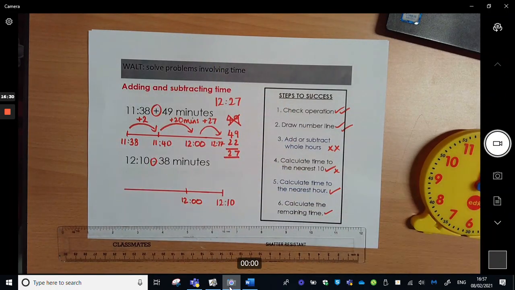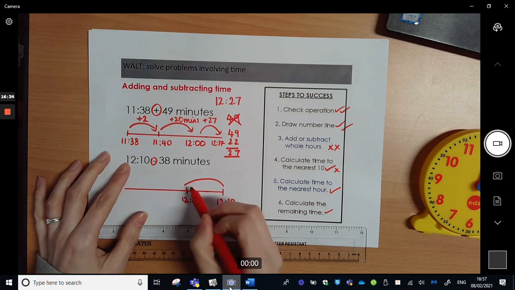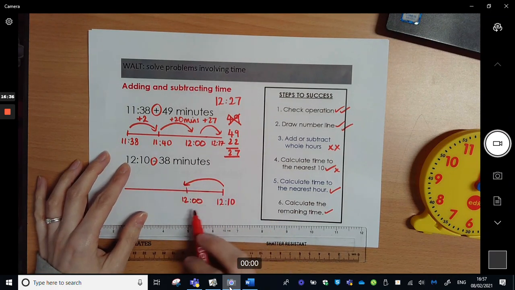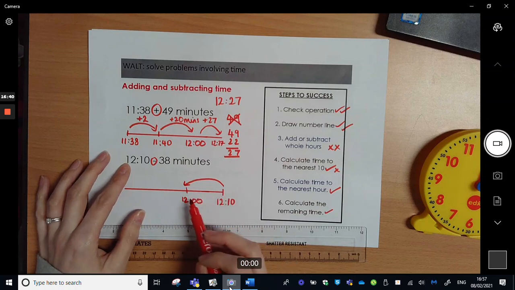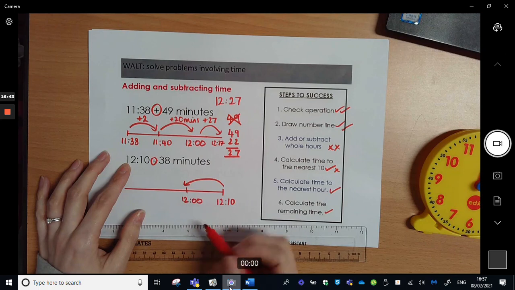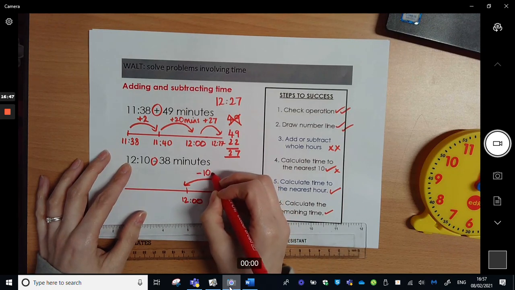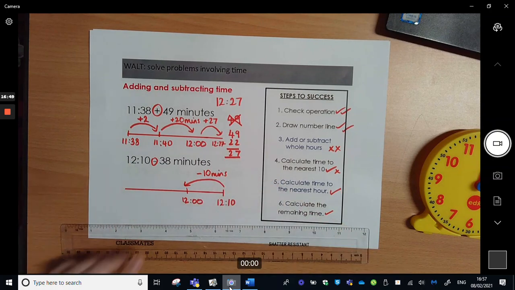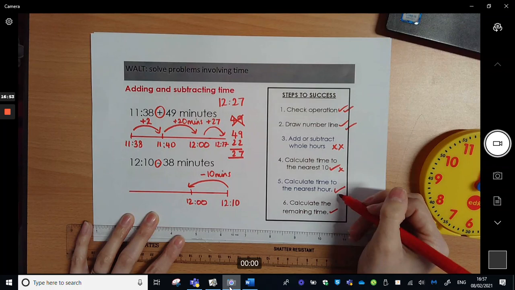Okay, so to get from 12:10 to 12, how many minutes have I taken away? So I was at 10 minutes past, now I'm back to 0 o'clock. So hopefully you recognise I'm minusing 10 minutes there. Right, so I've calculated my time to the nearest hour for step 5.